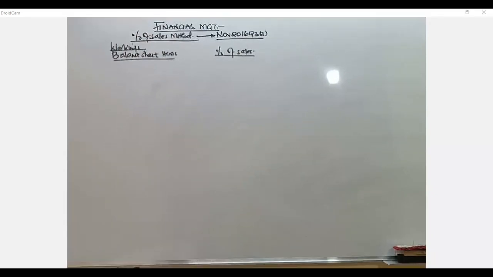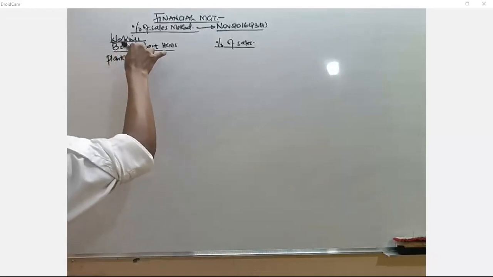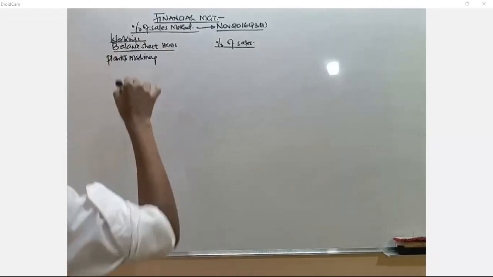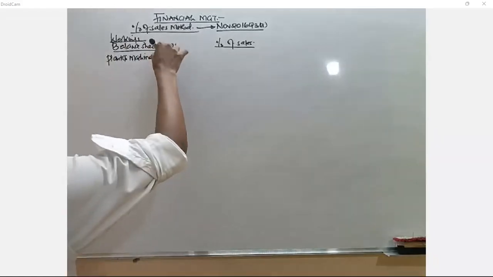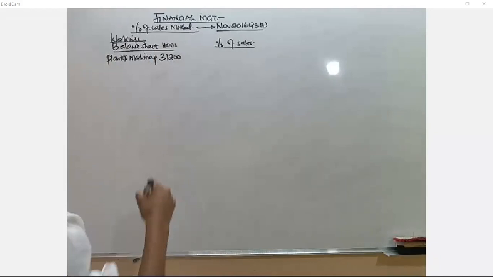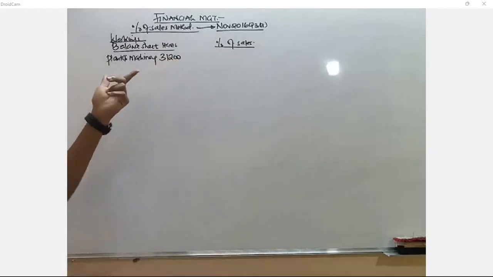The balance sheet items which the examiner provided: the first one should be the plant and machinery. The figure provided there is 31,200. Because we are doing the percentage of sales method, I'm going to be dividing my balance sheet items by the value for sales.